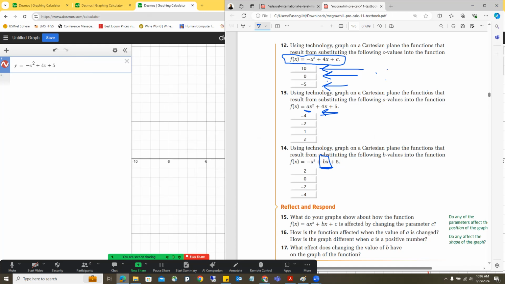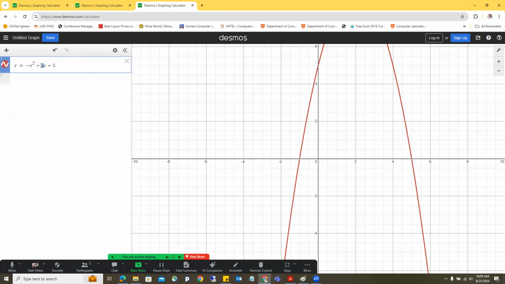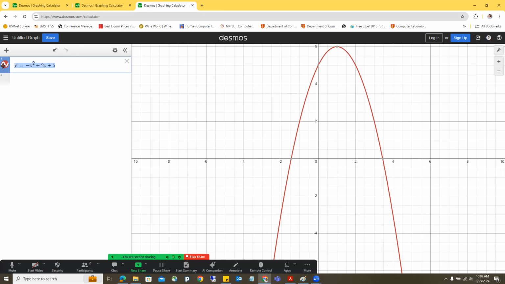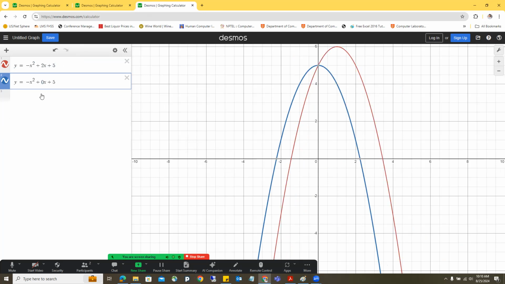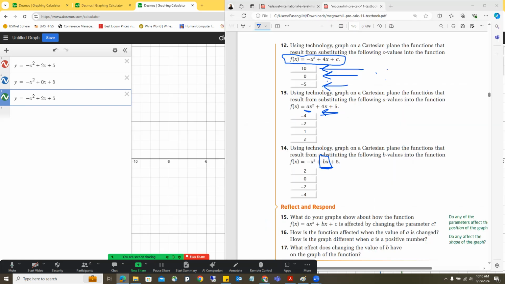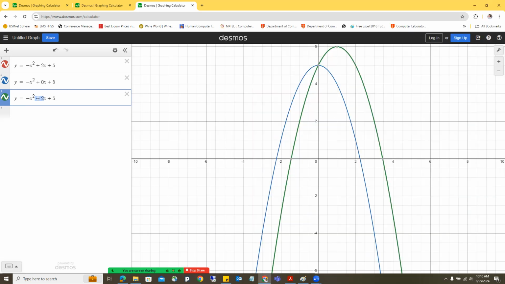We are changing the b value: 2, 0, minus 2. The first one is 2. And then the second graph is when this b value is 0. Then the third graph is when this b value is minus 2.